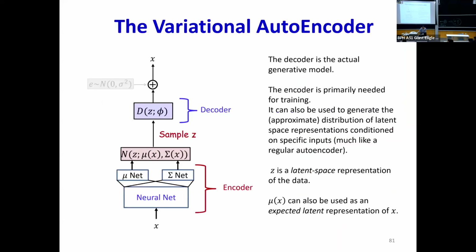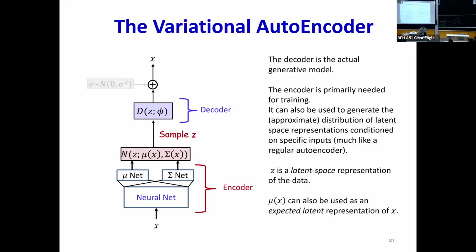Now, the decoder again is the actual generative model, and you're never going to actually consider the noise when you're generating, right? The encoder is primarily needed for training. It can also be used to generate the approximate distribution of the latent space variable Z for any given input, much like an autoencoder.